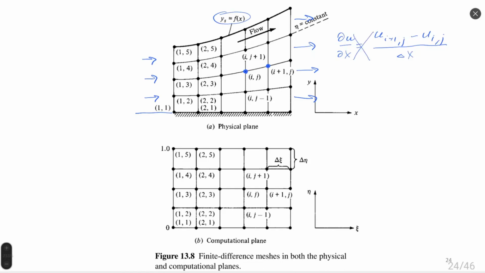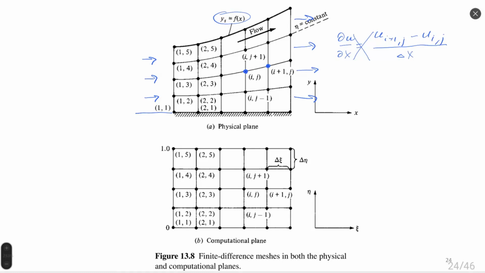For this approximation, which I have for the current mesh, I need to recalculate. I need to transform my coordinates, and then I would be able to use approximation of derivatives.